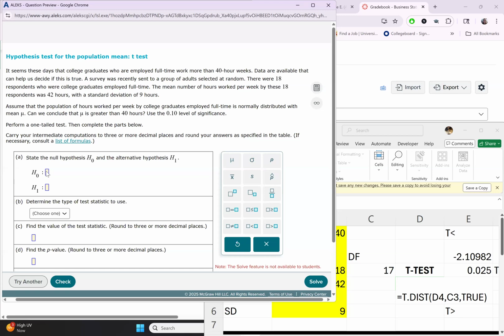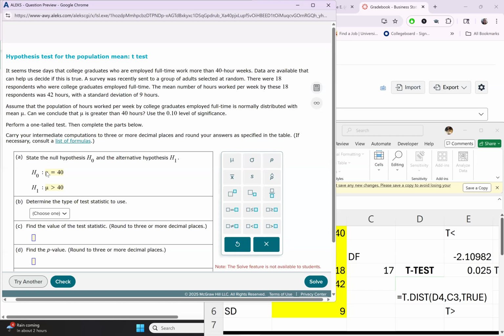Can we conclude that the mu is greater than 40 hours? So we're going to begin with mu is equal to 40 hours. The alternative hypothesis, which never includes equality, is mu is greater than 40 hours.